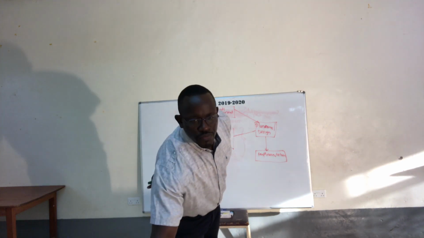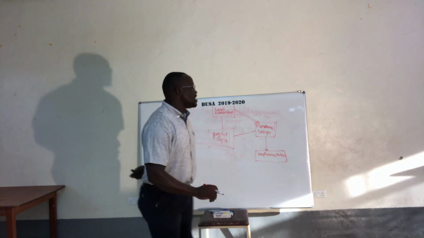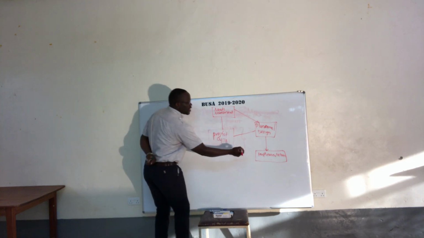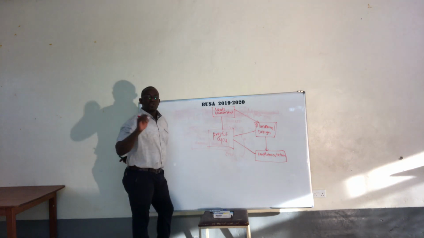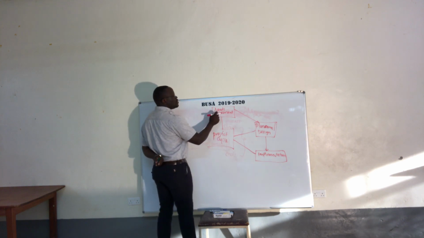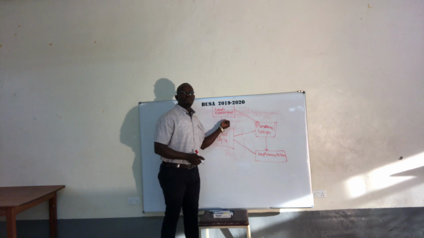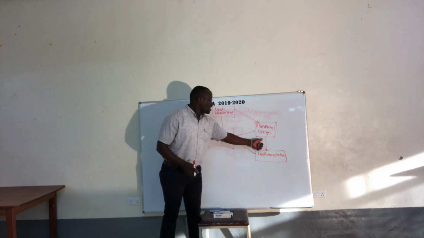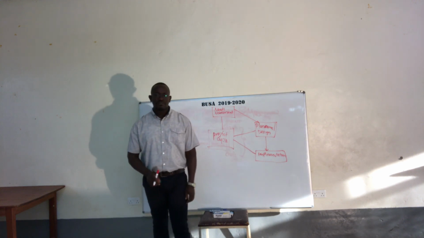What do you do? At that point, you don't just come and correct things here. No, you need to recognize that you're doing a project cycle. In recognition of the project cycle, you need to step up. You come back to the needs assessment. Look at the needs assessment report that you have. Is it in line with the plan that you organized? If it is in line with the plan, then correct the implementation.